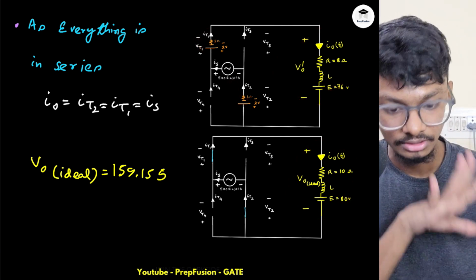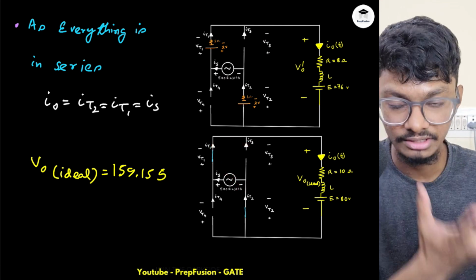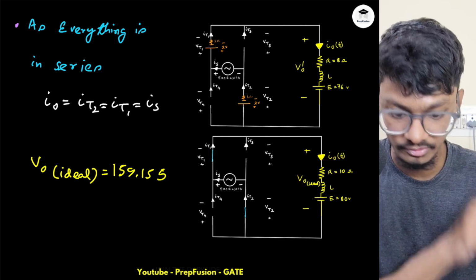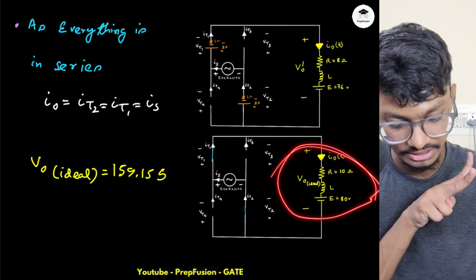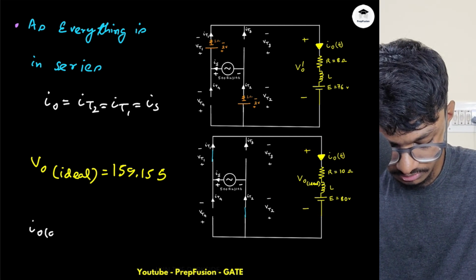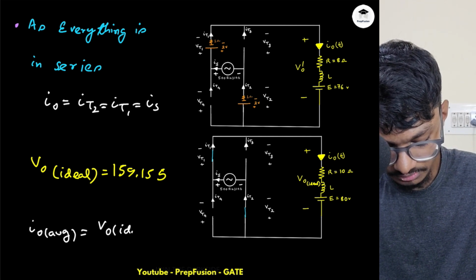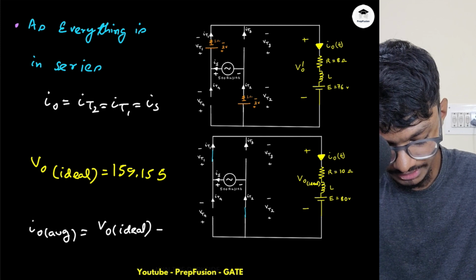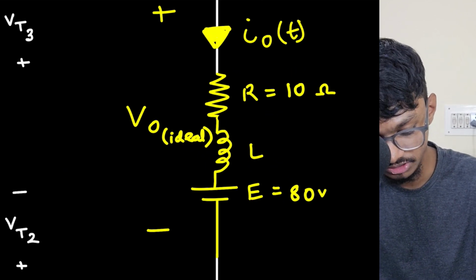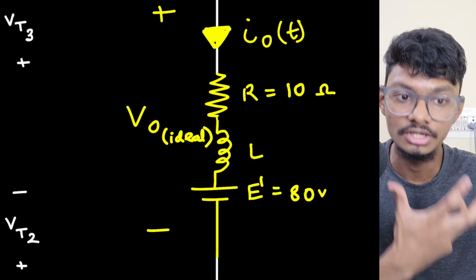Whatever current flows through this, the same current will flow through this. Although the voltage drops to the load are different, the current will be the same, because I've just added them in series. That is the basic meaning of series: I can add the things and the current will remain the same. So can I compute my current here? Yes. IO will be the same. So IO average equals VO ideal minus E dash divided by R dash. This won't be E anymore, it will be E dash, because this is not the actual load anymore. The actual load was 76 volts, but I added the voltage drop, so it became 80 volts.